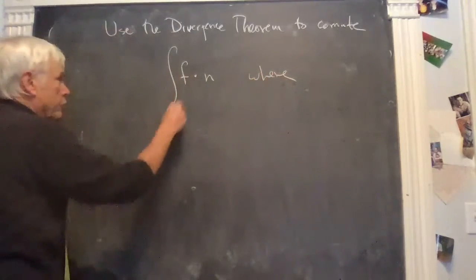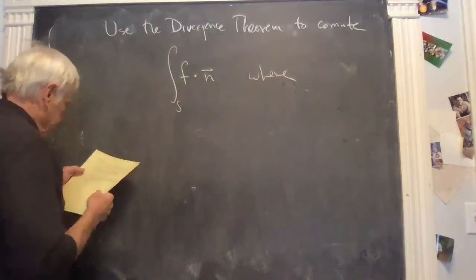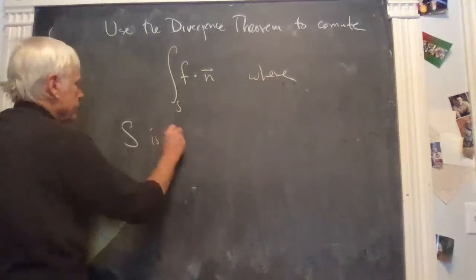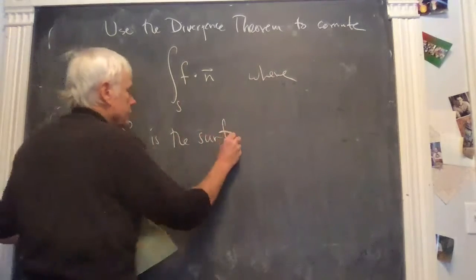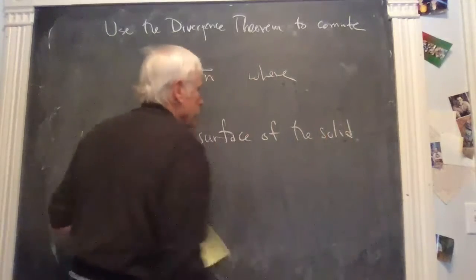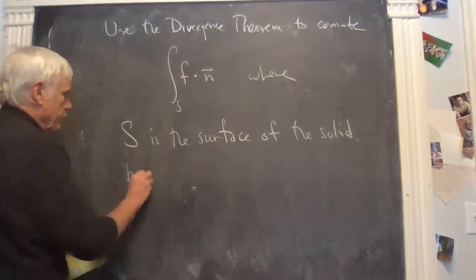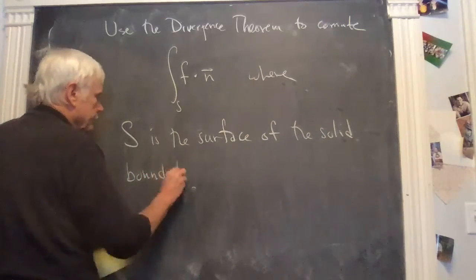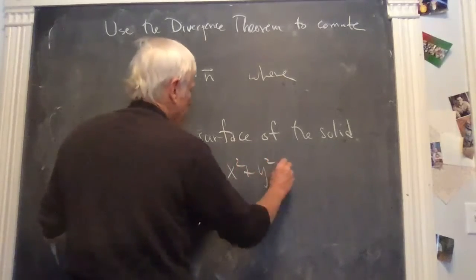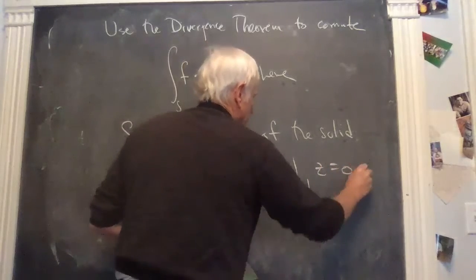So this is a surface integral where S is the surface of the solid region in R3, bounded by x squared plus y squared equals 1, z equals 0, and z equals 2.